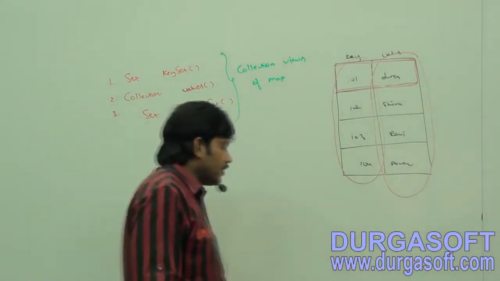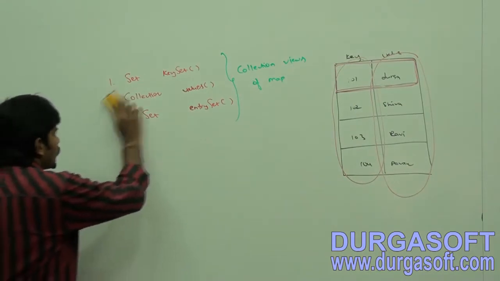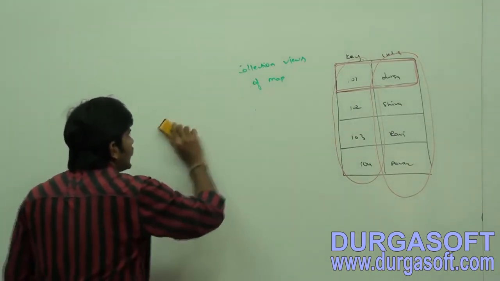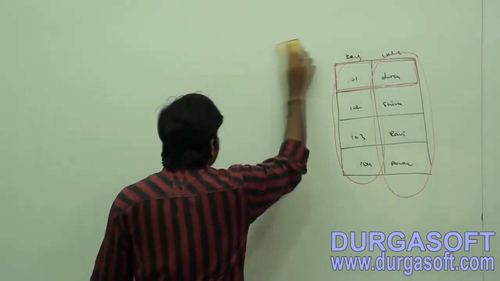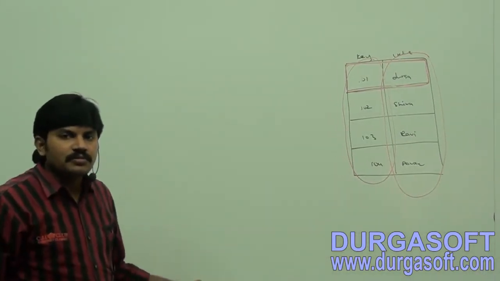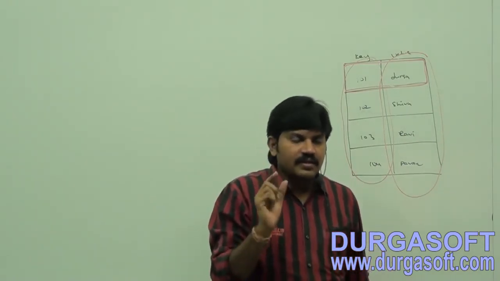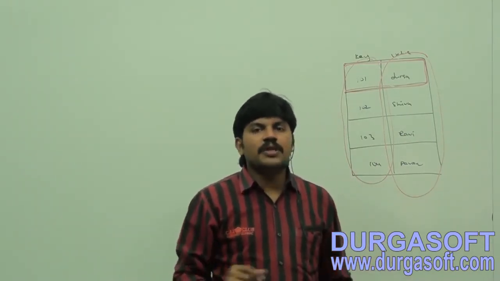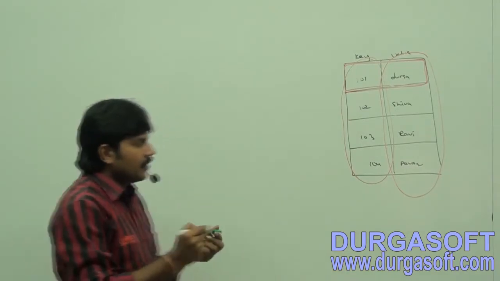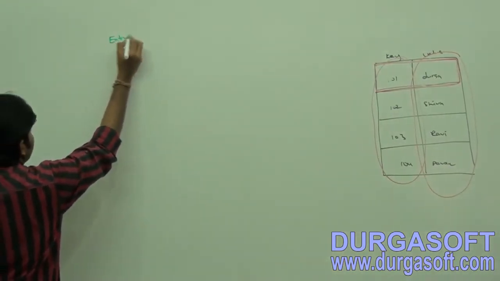Now the next terminology, take special care about this one. Here there are three methods related to entry. Each key value pair is called what? One entry, right? On the entry, which methods can we apply? Keep a subheading: Entry interface.